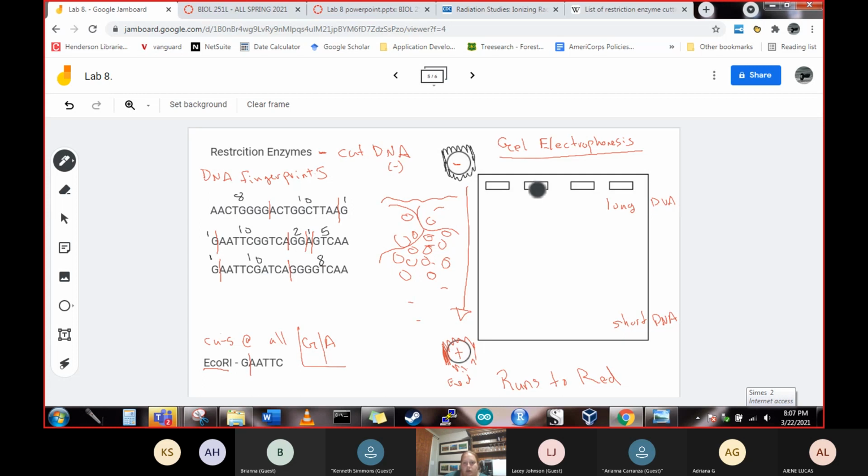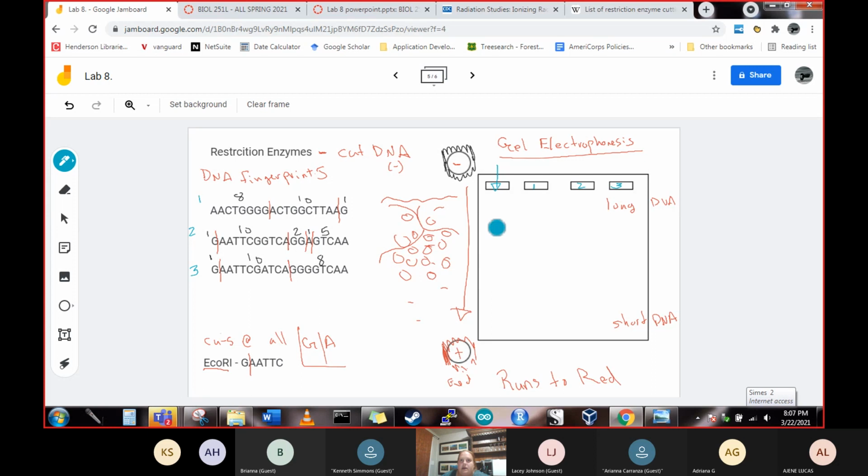So if we were going to load, let's call them person number 1, person number 2, and person number 3. If we were going to load person number 1, so these are our loading wells in a gel electrophoresis. The first well is usually not a sample.